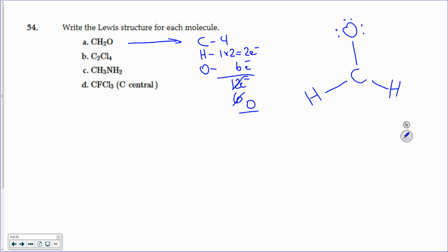Does that give a full octet around everything? What's lacking? Carbon doesn't have all the electrons it wants. So I collapse a pair of electrons down and make another double bond. I move those electrons down. So now does everything have a full octet?